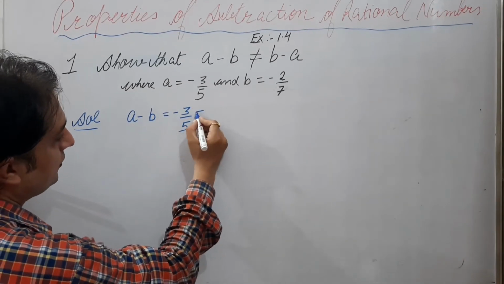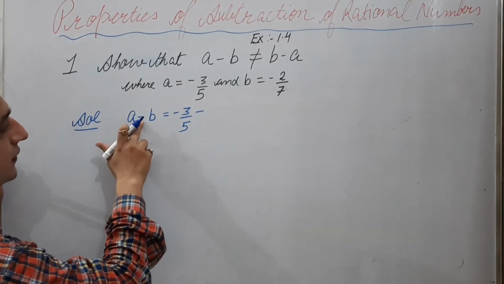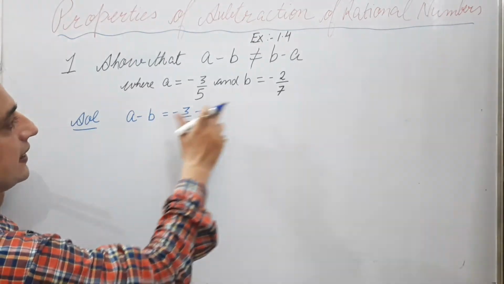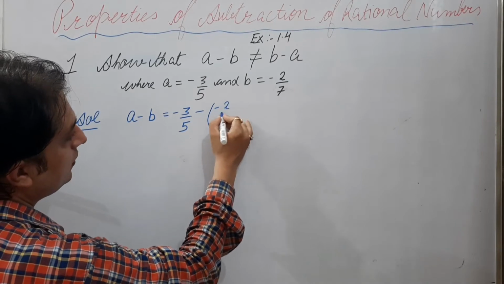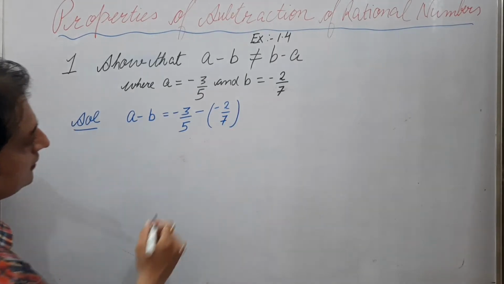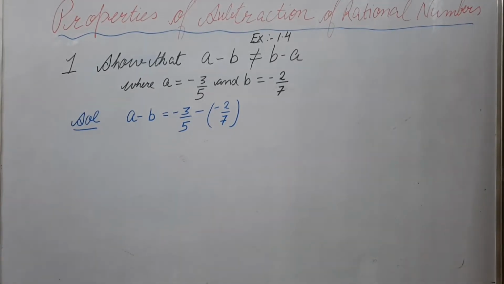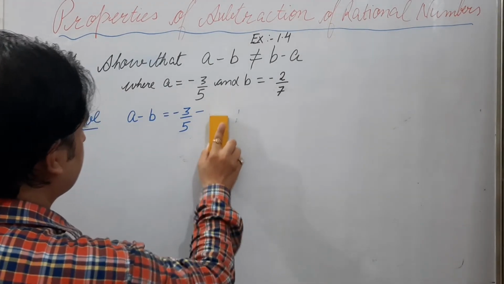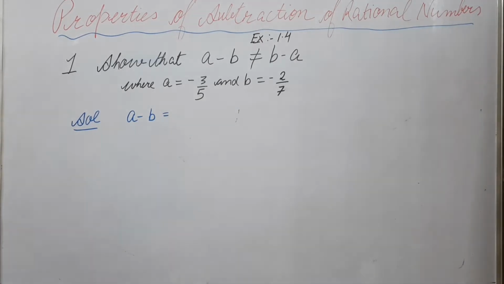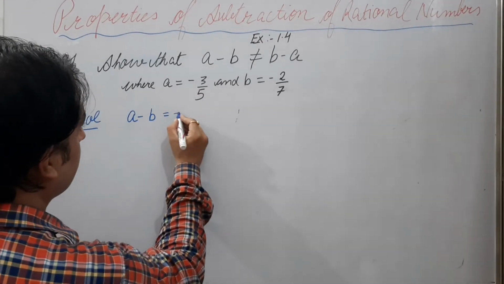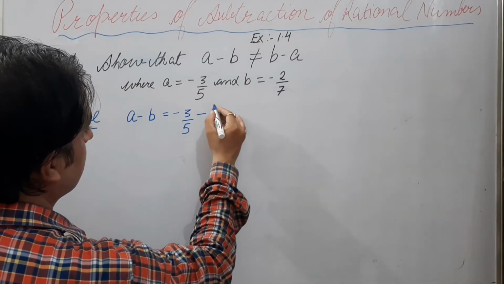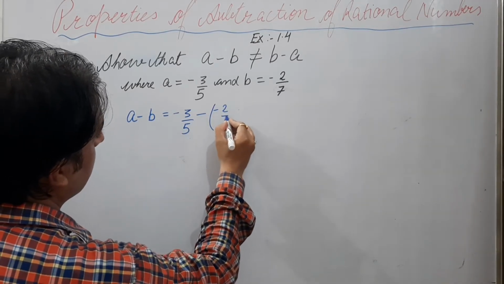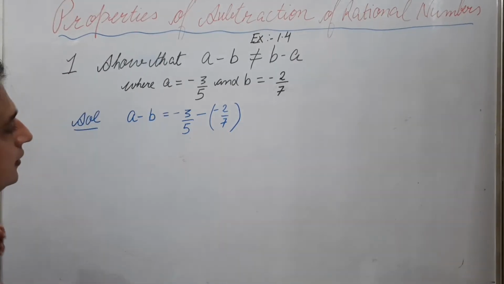Negative sign for subtracting operation. And b is again a negative rational number. Minus 2 upon 7. Right? Minus 3 upon 5 minus minus 2 upon 7, right?